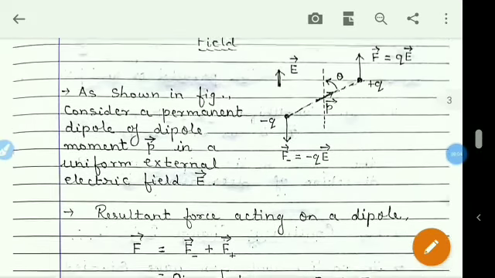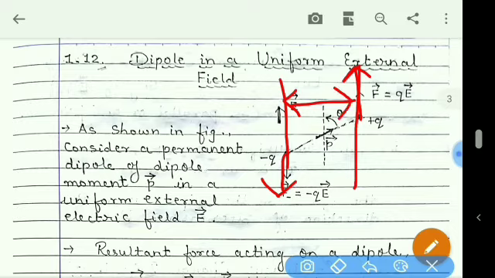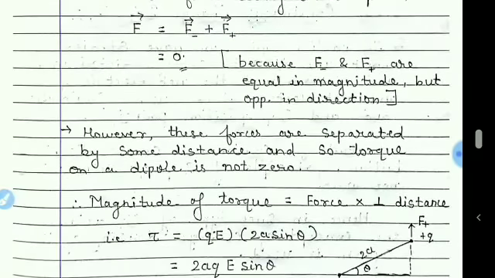But you can see here that these two forces are opposite in direction and they are separated by some distance. We know that when two opposite forces are separated by some distance, then a torque will act on it, and due to that torque the dipole will rotate.